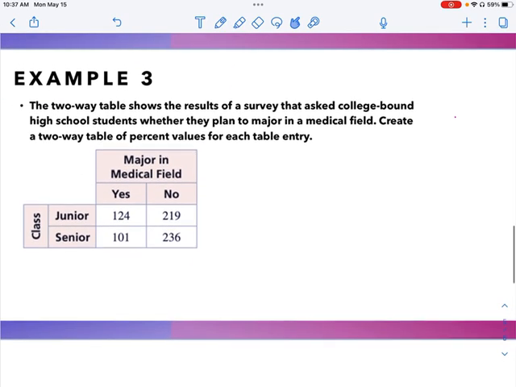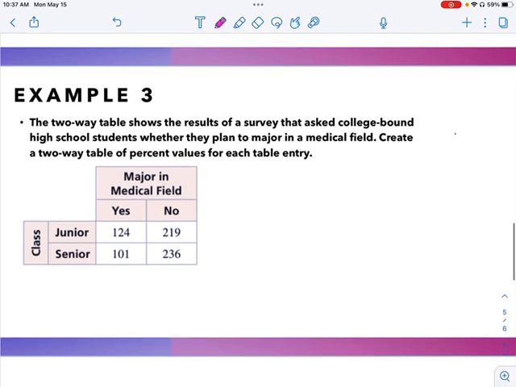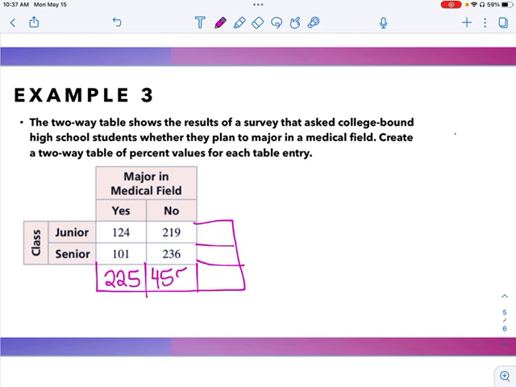The last part here is we can also ask you to find the percents. The first thing we would need in order to find the percents is our marginal frequencies. In other words, we need all of our totals here. So if I start adding, I get 225 going down the first column. I take 219 and add it to 236, and that gives me 455.